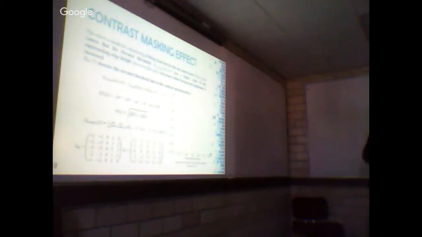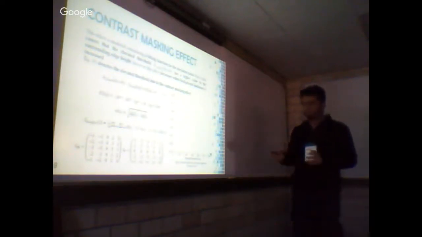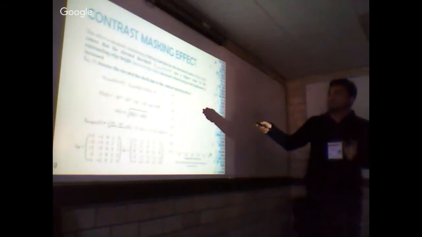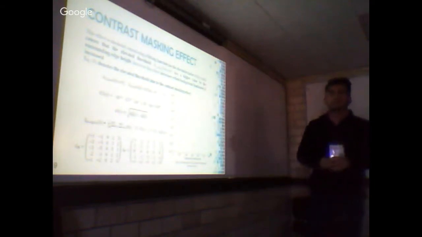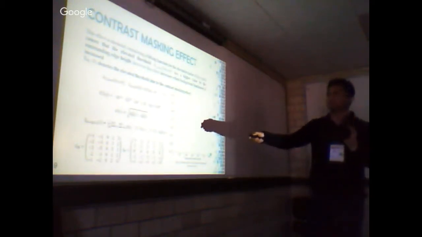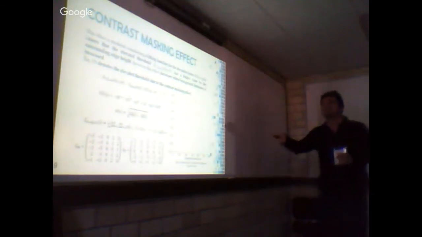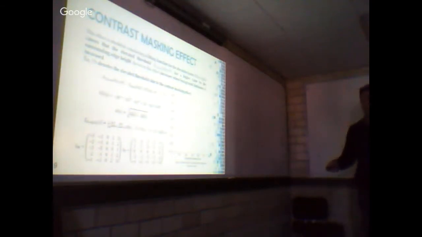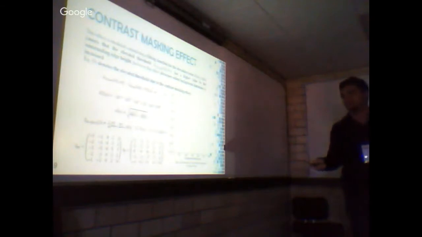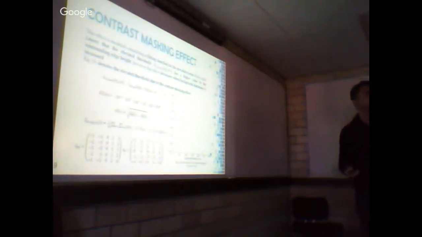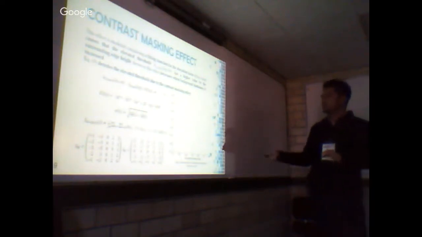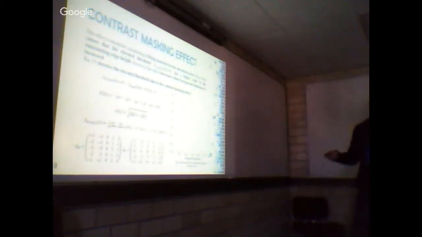However, this effect refers to the background luminance being compressed. I mean, the contrast masking effect is composed of two things: the luminance masking effect plus this fitting function, and the edges of the image. Here we can see the kernels used to detect the edges in the image, and this image shows the behavior of the fitting function.